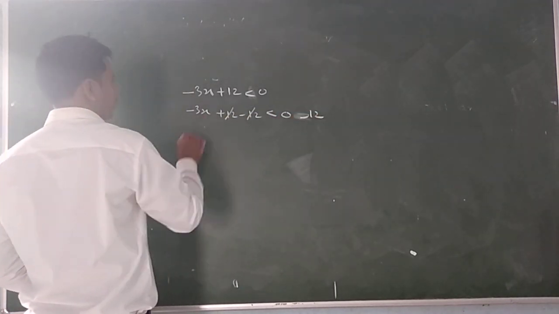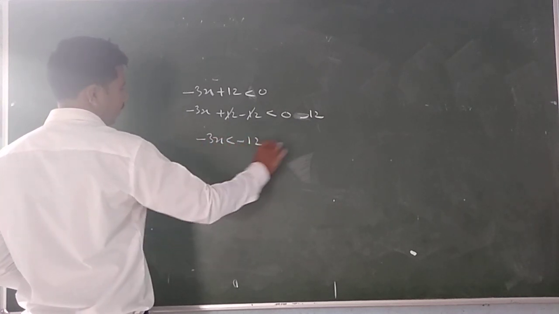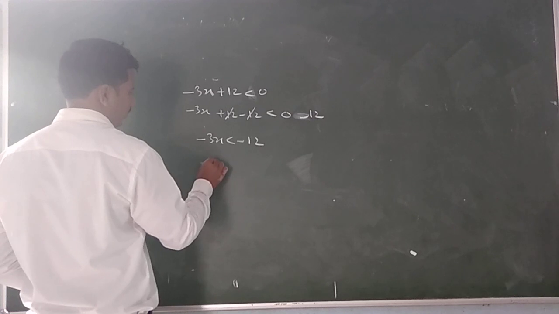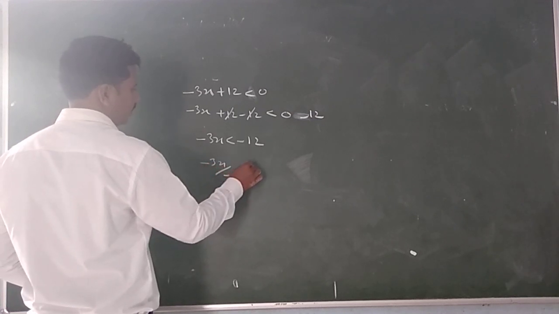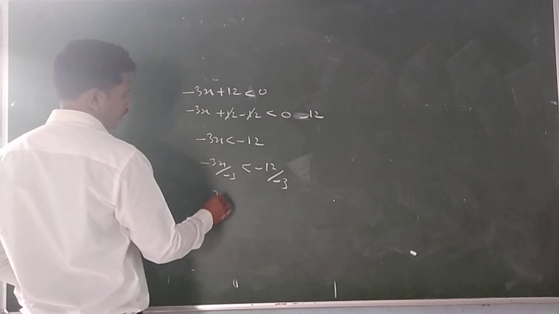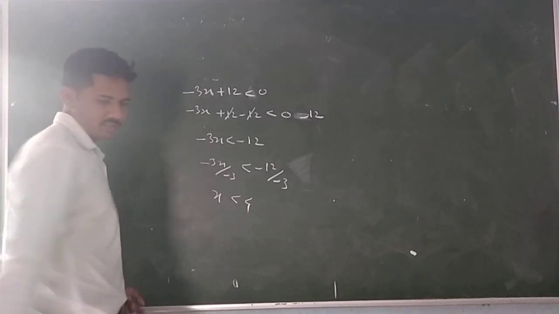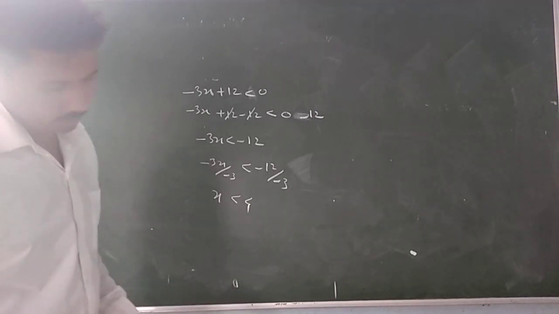The plus 12 and minus 12 cancel. Minus 3x is less than minus 12. Divide both sides by minus 3. Minus 3x divided by minus 3 is less than minus 12 divided by minus 3. What will remain there? x is less than 4.